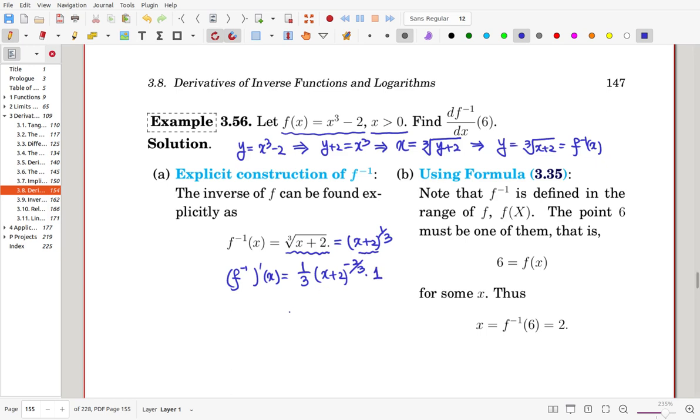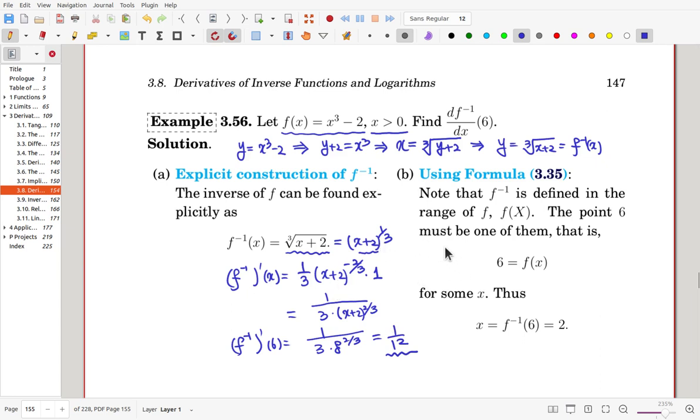Okay, so we arrive at 1 over 3 times x plus 2 to the 2 over 3 power. So f inverse prime, now the point is 6, so we put in 6. Then that is the same as 1 over 3 times 8 to the 2 over 3, which is now 4, so that the value is 1 over 12. We got this value.